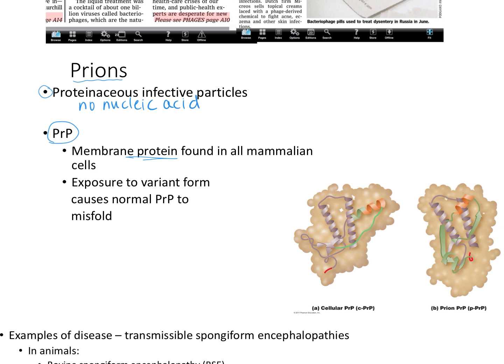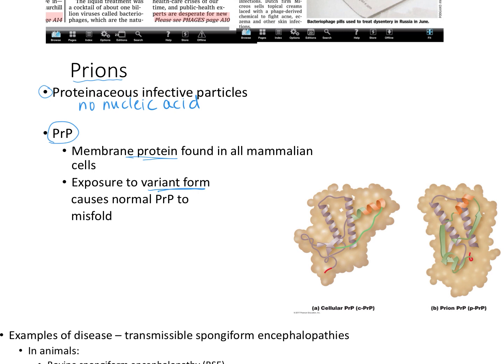But we do know that when the variant form of this prion protein is exposed to the normal form, the variant form, which is variant because it's folded a little bit differently, will cause the normal form of the protein to also misfold.